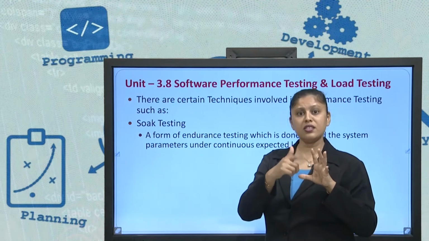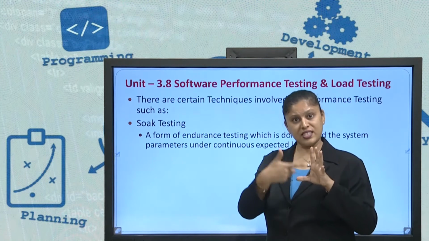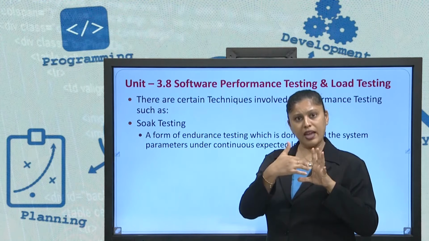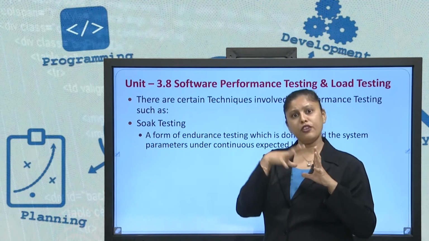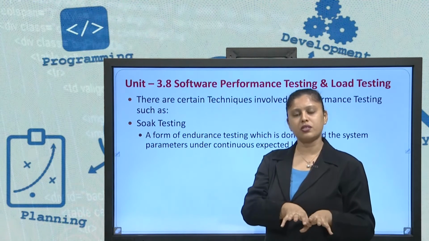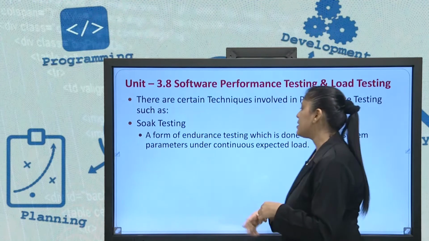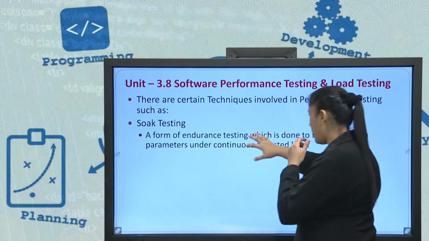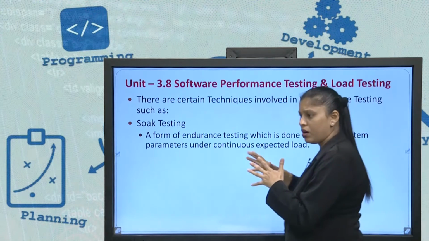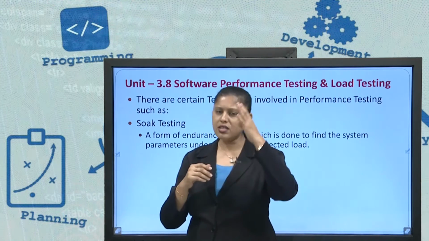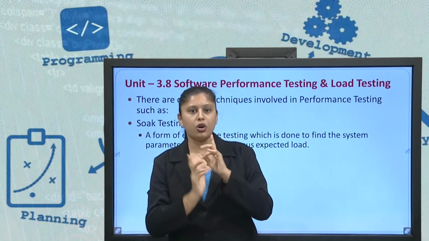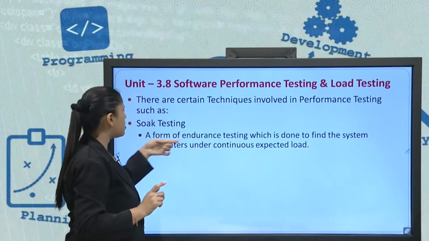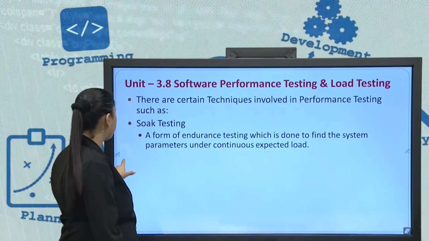So, 500 is the stress, wherein I actually have 1000 as my upper maximum limit, but I give 1500 users to the same system. Then it will check whether my system is able to maintain all the system parameters like what it was giving for the 1000 people or not. That comes under shock testing. So, it is a form of endurance testing only.